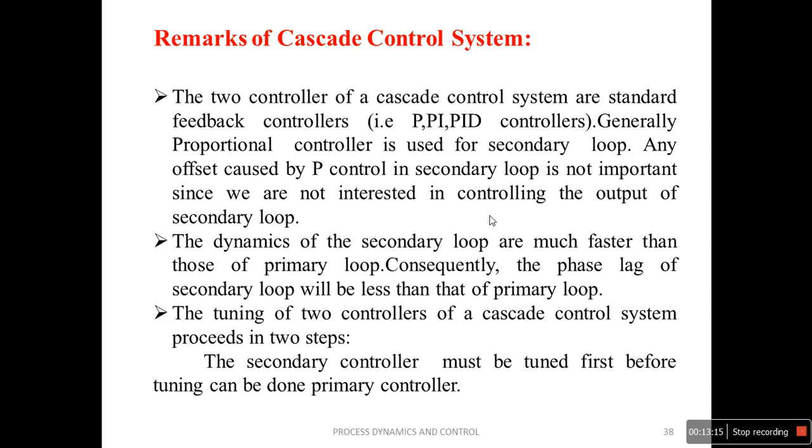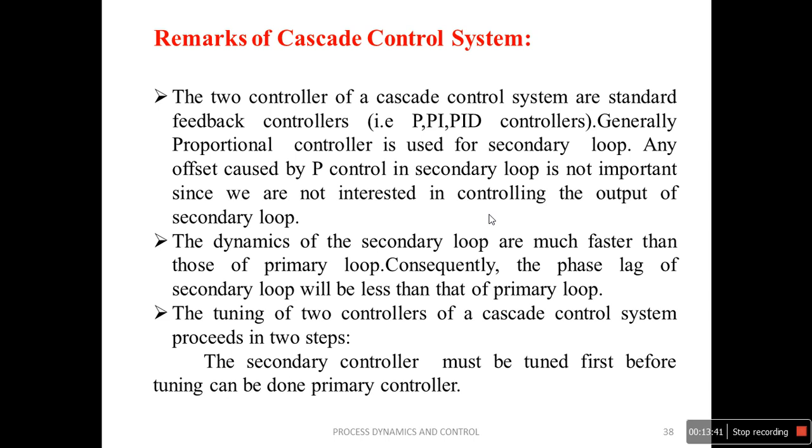As we know, the disadvantage of proportional control is that it is going to produce some offset error. But in this cascade control it is negligible. Why? Because if there is any offset produced by the proportional controller in the secondary control loop, it does not play an important role. Why? Because we are not interested in controlling the output of the secondary loop.